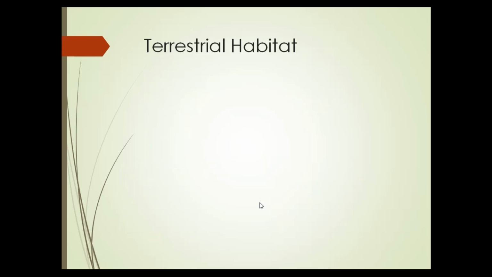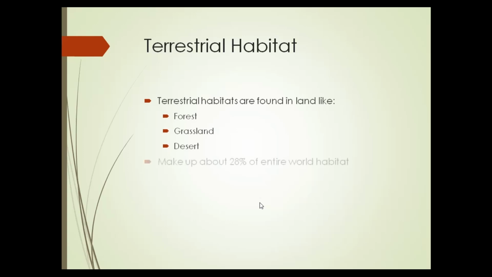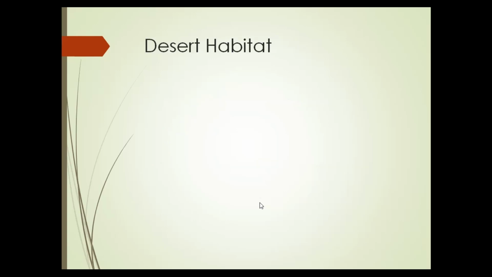Now let us move to terrestrial habitat. Terrestrial habitats are found actually on land like forest, grassland, desert. They make about 28% of the entire world's habitat.